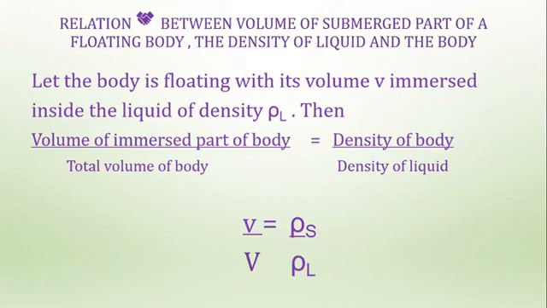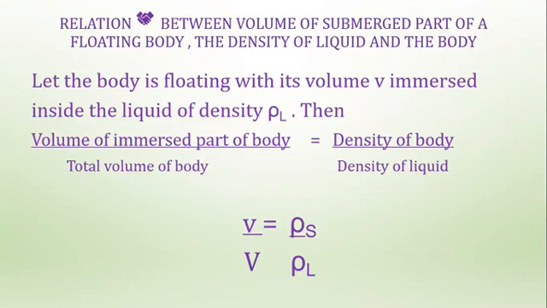In that case, the formula is the ratio of the volume of the immersed part of the body to the total volume of the body is equal to the density of the body upon the density of the liquid. This is the formula for finding the immersed part of a body floating in a liquid.